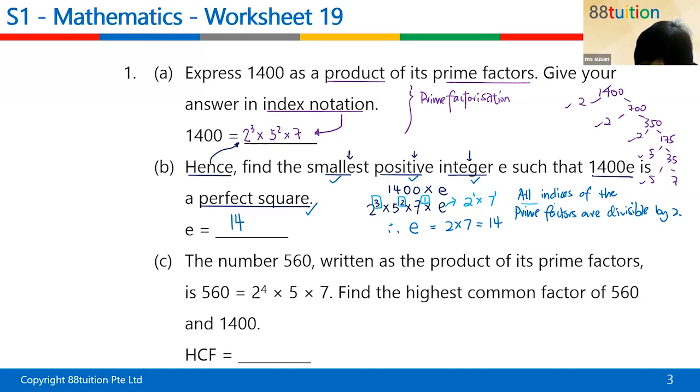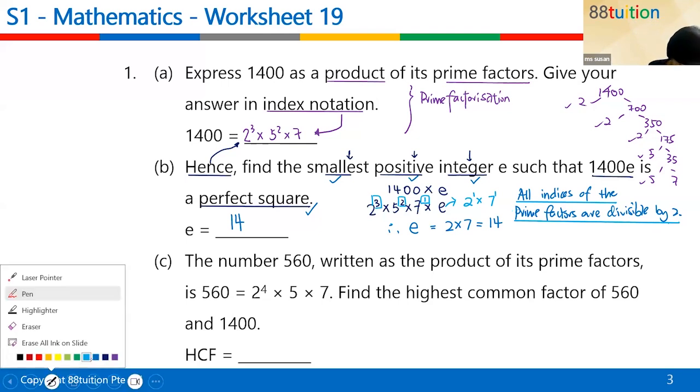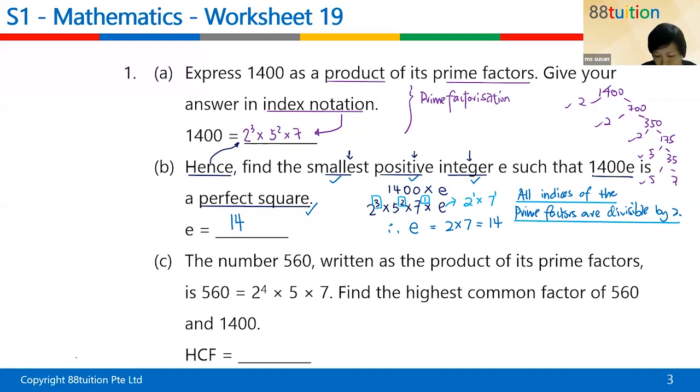I repeat this one. Write this down. The indices of the prime factors are all divisible by 2. Okay? All right, let's take a look at C.